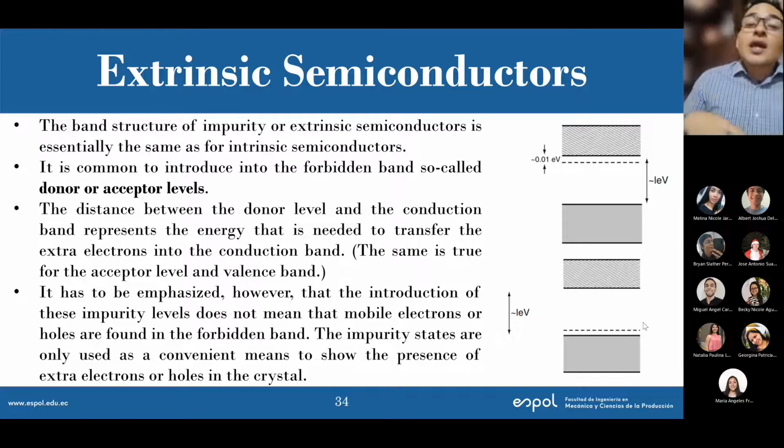And for that, they decided to come up with this concept of an impurity state that is not really a state, but at least it helps to understand how the band structure will be modified.